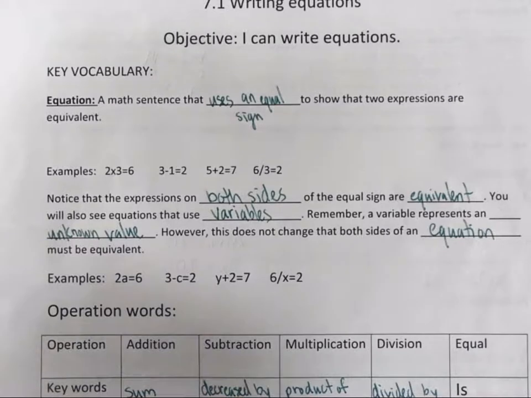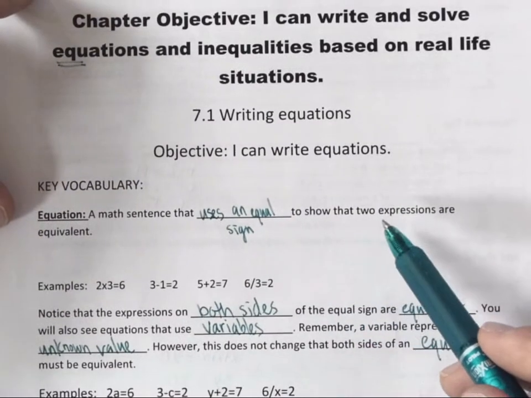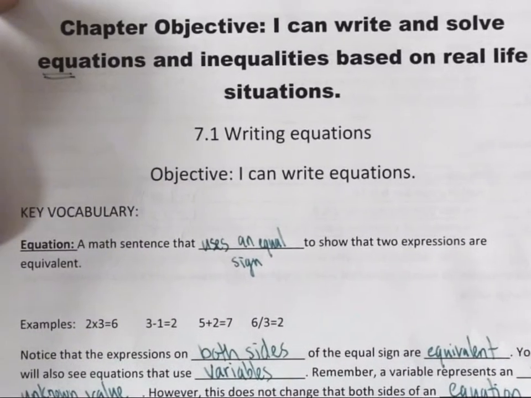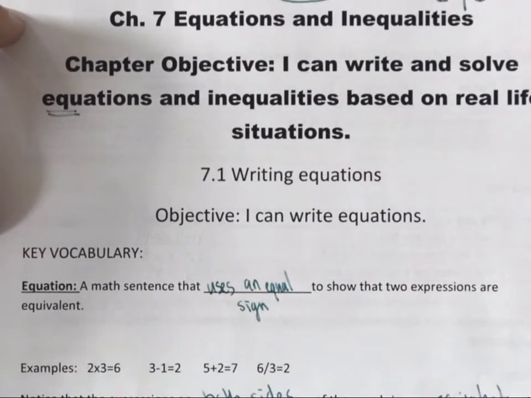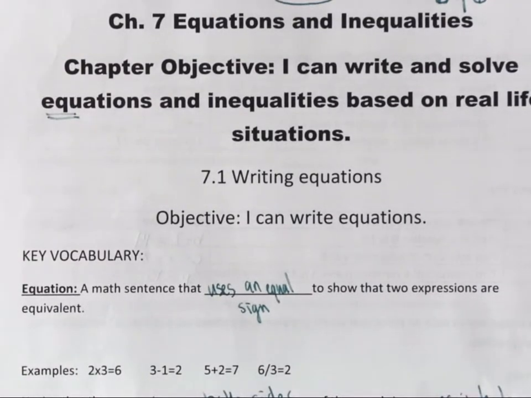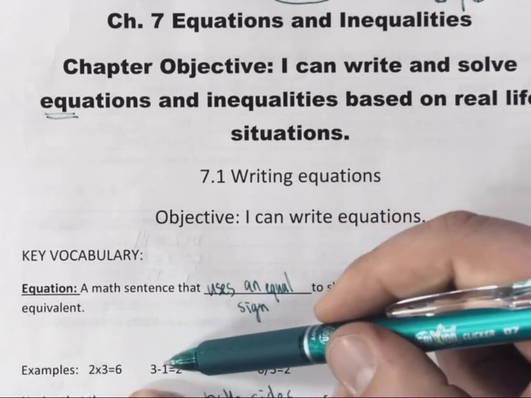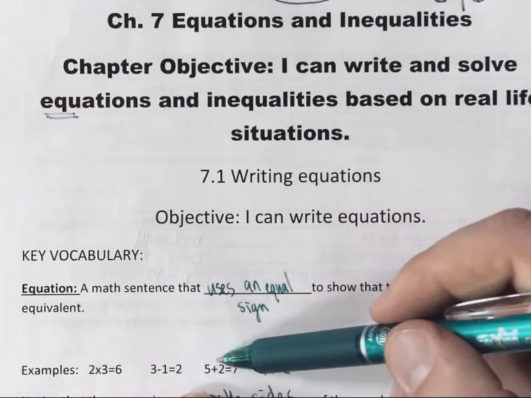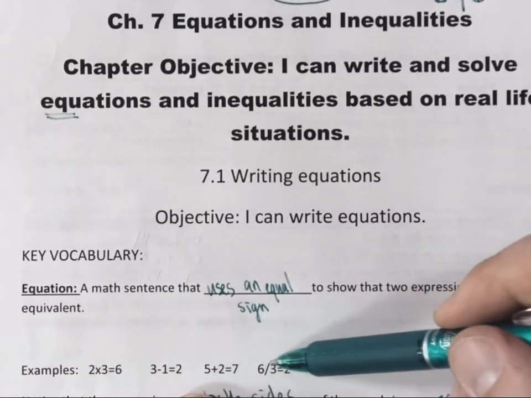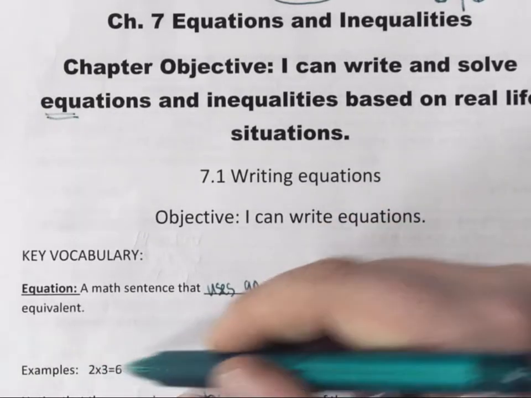An equation is a math sentence that uses an equal sign to show that two expressions are equivalent. Let me zoom this in just a little bit. Let's show you a few examples. Again, we have 2 times 3 equals 6, 3 minus 1 equals 2, 5 plus 2 equals 7, and 6 divided by 3 equals 2. All of these are examples of equations because they all have an equal sign.